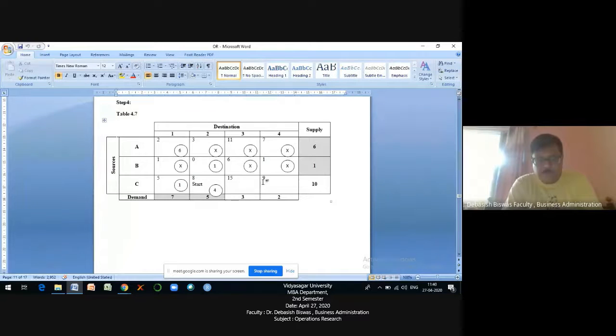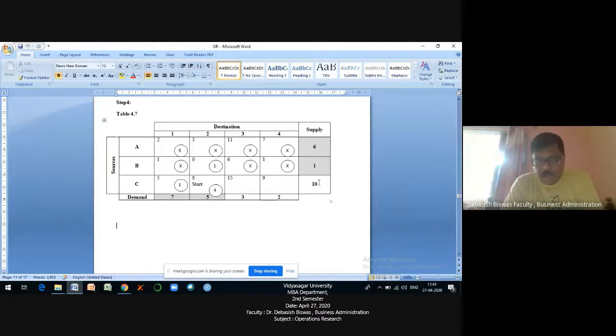Now again we have to compare with supply and demand. I have already told you, here it is 5, but exactly the demand is now 4, right? And here it is now 9, not 10, 9. You can also write it beside the 9 for easy understanding.